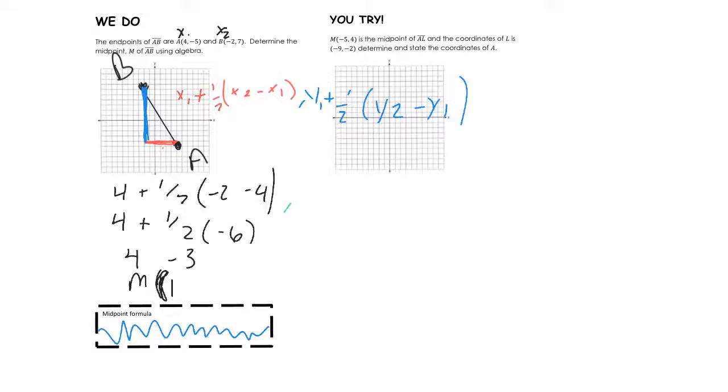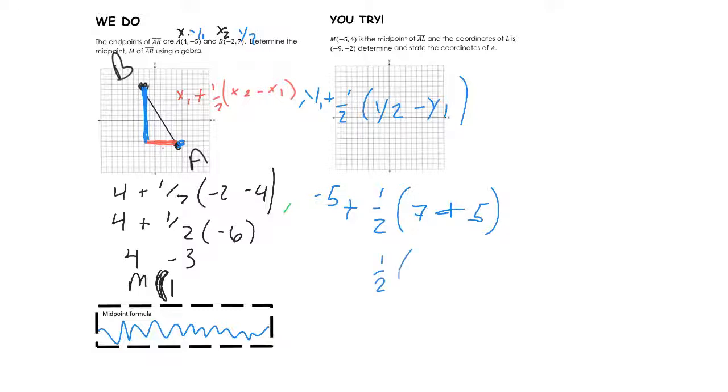Now I'm going to do the exact same thing for my y value. y1 is -5. y2 is 7. So it's -5. That's where I'm starting. Plus half of 7 minus -5. There's a double negative here, so be careful. 7 minus -5 is 7 plus 5, which is 12.